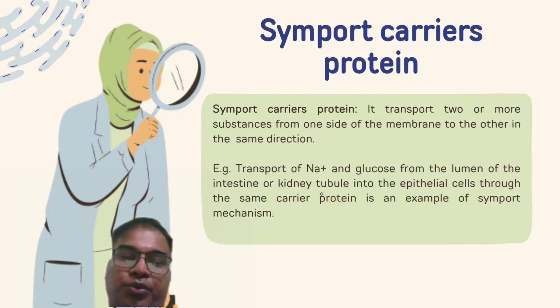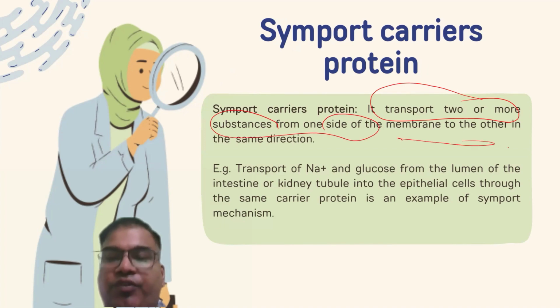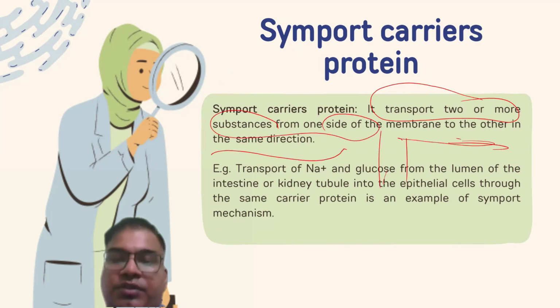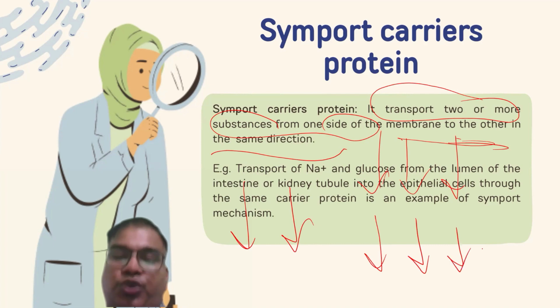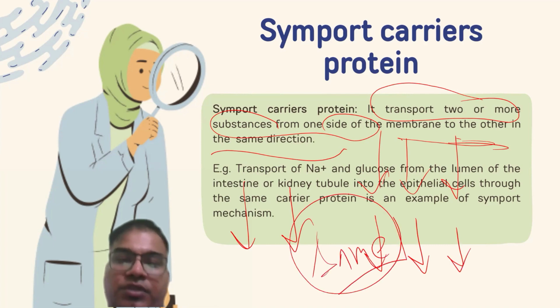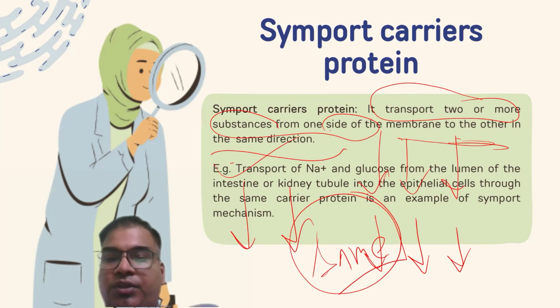A symport carrier protein transports two or more substances from one side of the membrane to the other, but in the same direction. It could be the movement of two ions, or more than two ions, but in the same direction. Then it is called symport. A common example is the sodium glucose co-transport. The protein involved in the transport of sodium and glucose is a type of symport carrier protein.